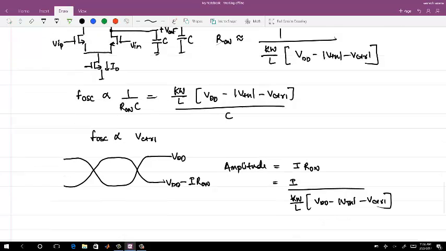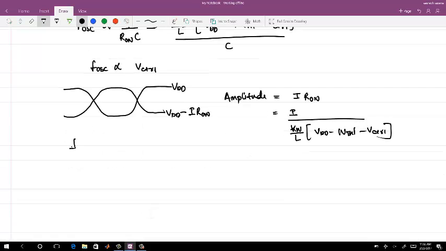So let me say for a given MOSFET, this is V control, VDD, and this potential you can find. So it is VDD minus I times R on; R on itself is dependent on k W by L and every other thing.